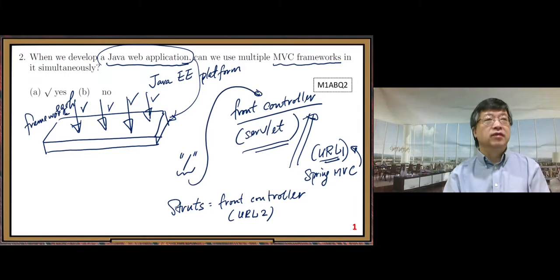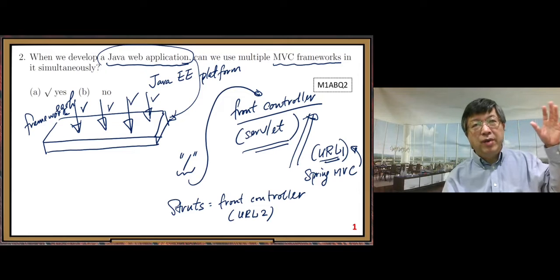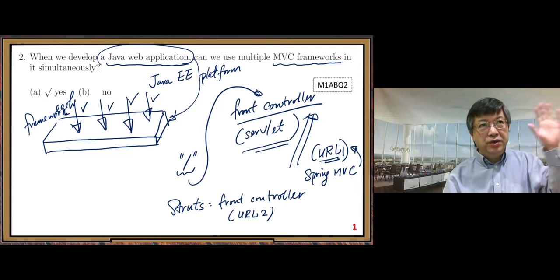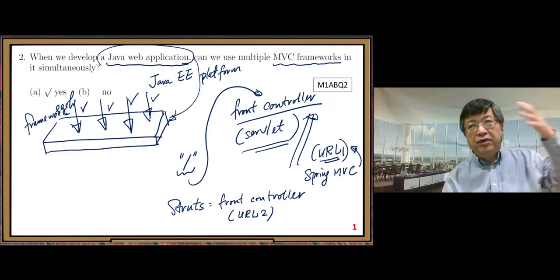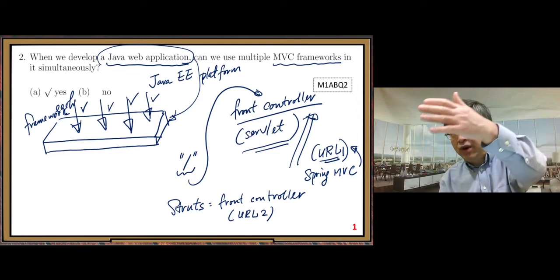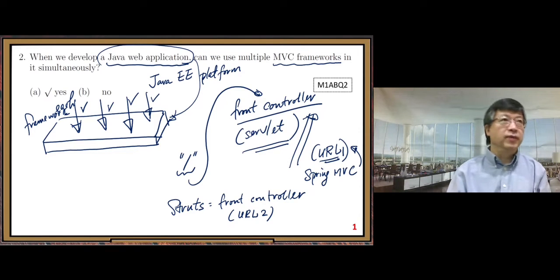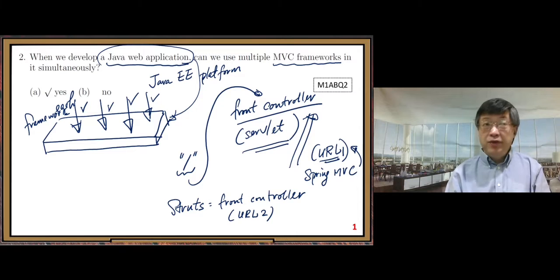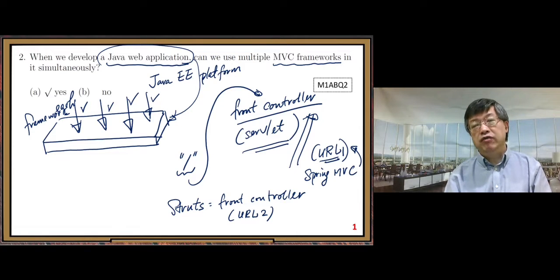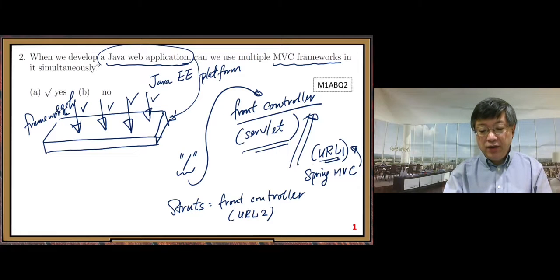Any URL mappings under this web application have to go through the Spring MVC framework. But if you have some good reason to use more than one MVC framework, you can do that with different URLs. All right, so that is the first question.